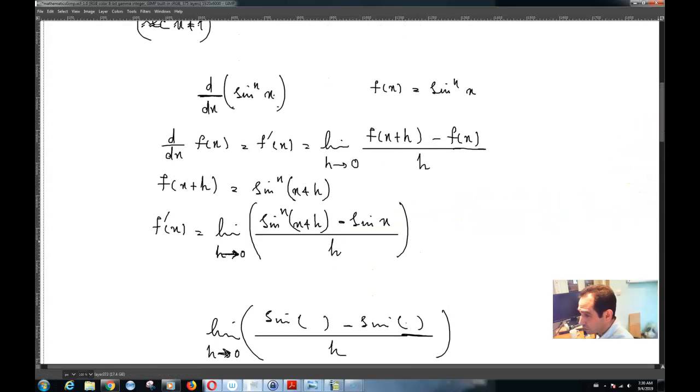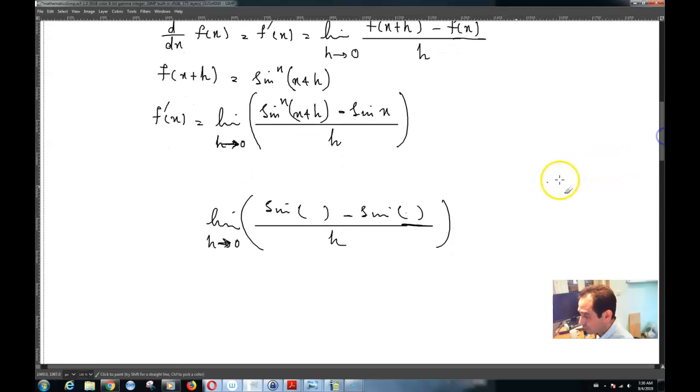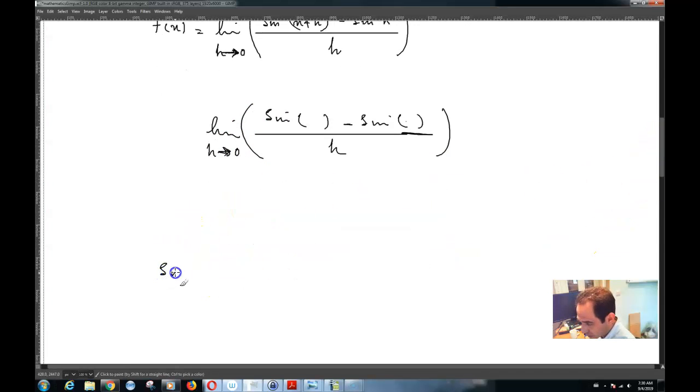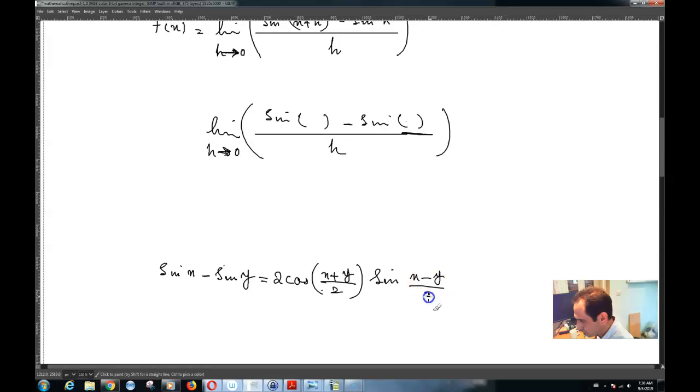Basically we had, for example, this formula: sine x minus sine y is equal to 2 times cos of (x plus y) divided by 2 times sine of (x minus y) divided by 2.